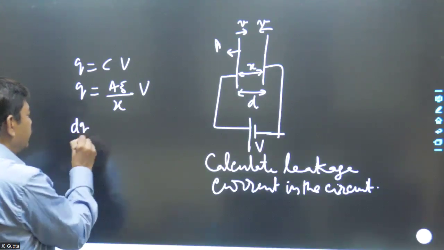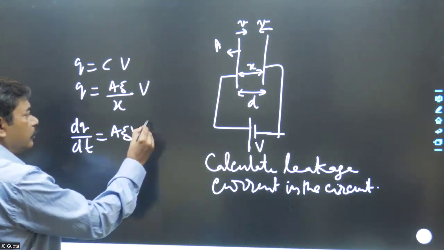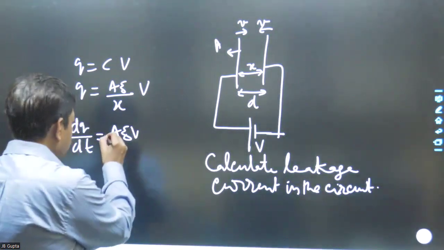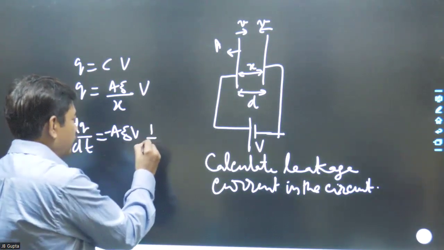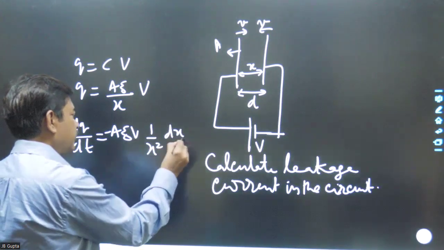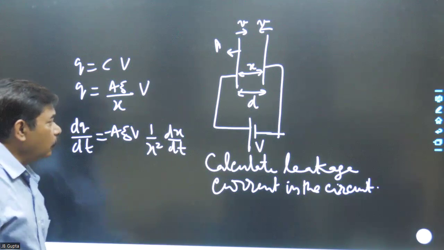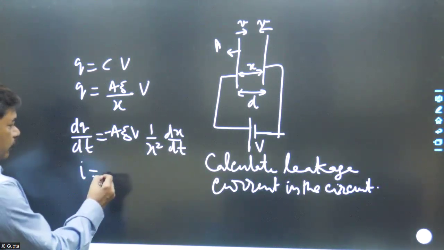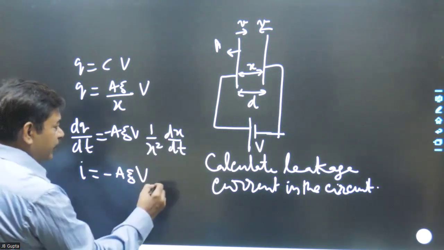So dq by dt will be A epsilon naught V, and the derivative of 1 by x is minus 1 by x squared into dx by dt. So dq by dt, the leakage current I, equals minus A epsilon naught V into v upon x squared, where dx by dt is the velocity.